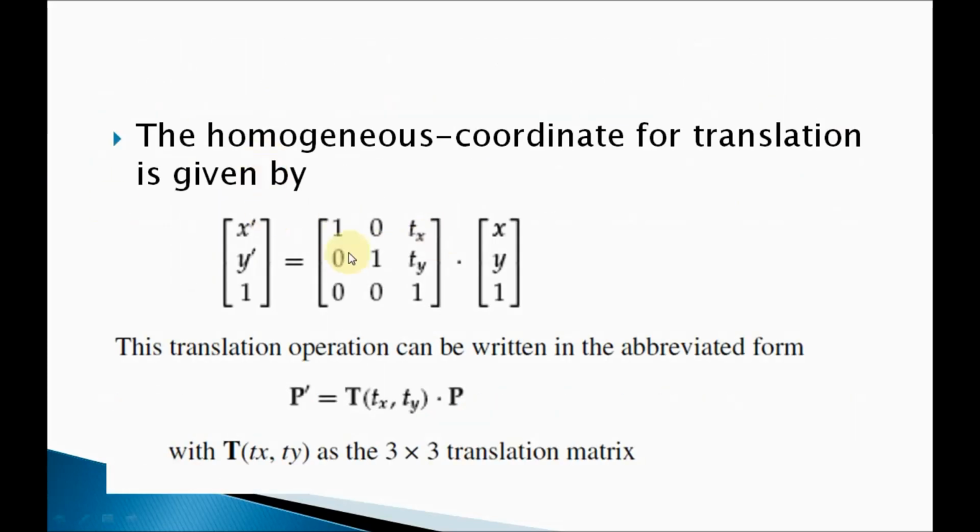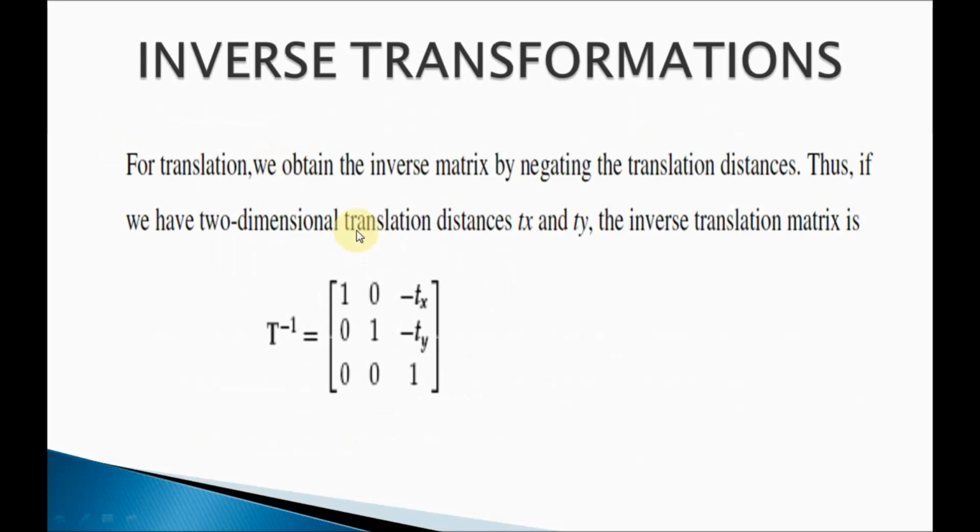So these are the opposite matrix formats. I will explain this. For translation, we can obtain the inverse matrix by negating the translation distances. Simple. Convert your translation value into negative. For example, if you are moving from left to right, now you have to move from right to left. Then what you should do?